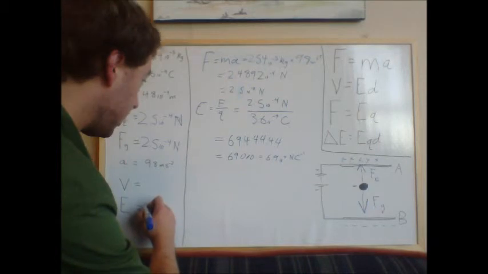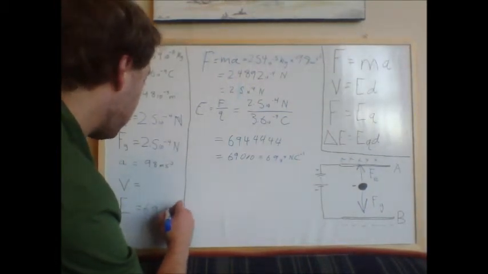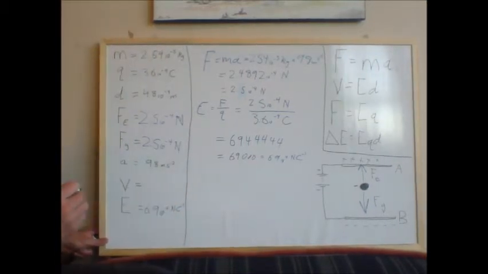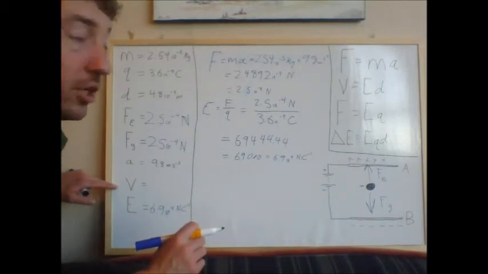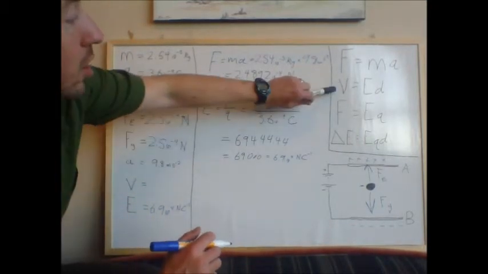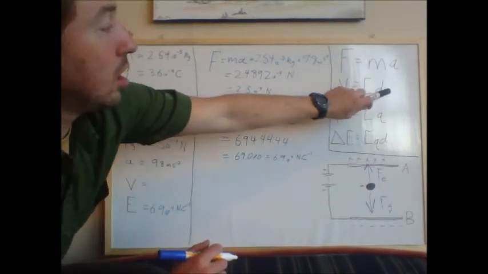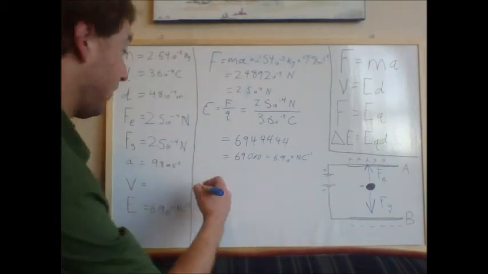And let's go ahead and plug this in over here: 6.9 × 10^4 newtons per coulomb. So now, volts is the only thing we've got left over here to solve for. Using this equation, we know E, we know D, so we can solve for volts.